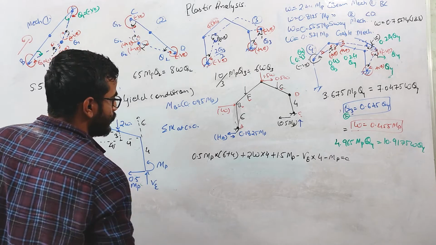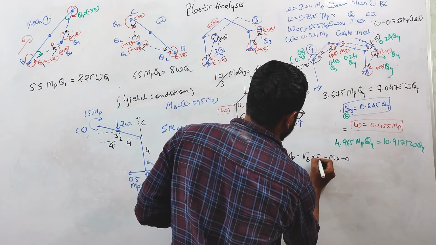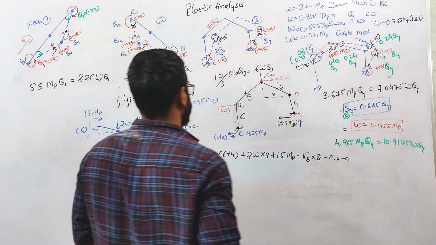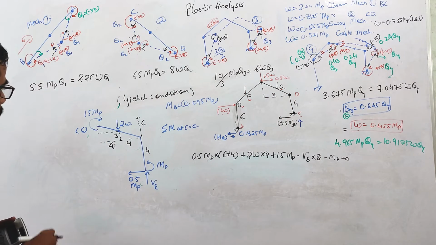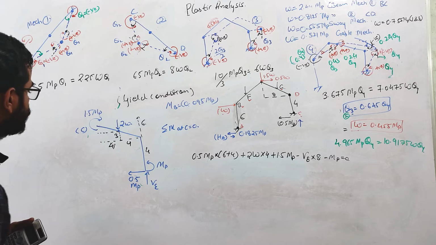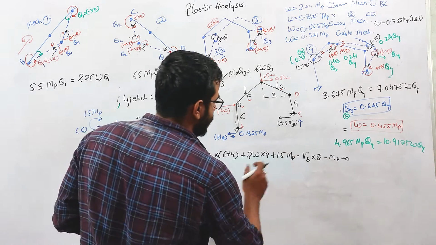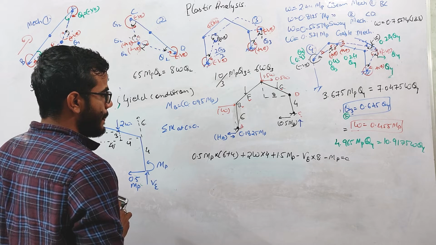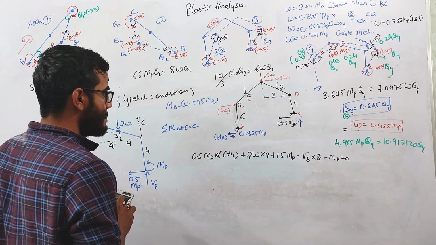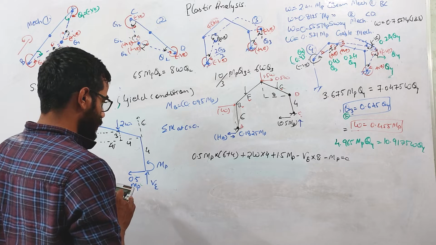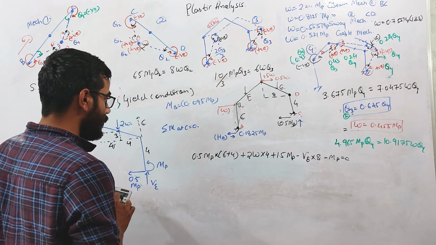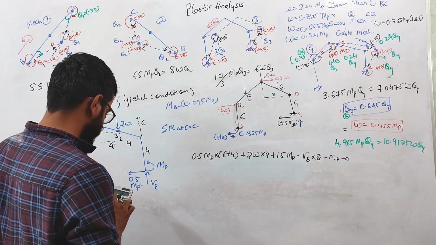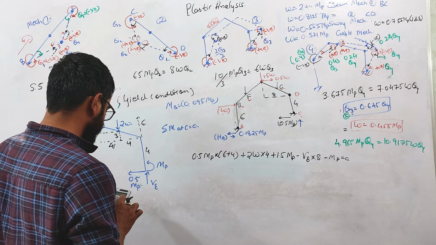Okay, so VE will be 8. So this VE into 8. So this will be 0.5 into 10 plus 2 into 0.455 into 4 plus 1.5 minus 1.